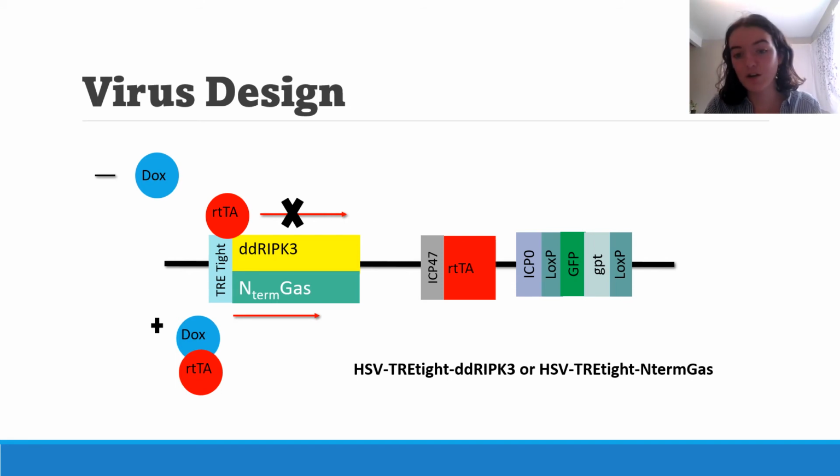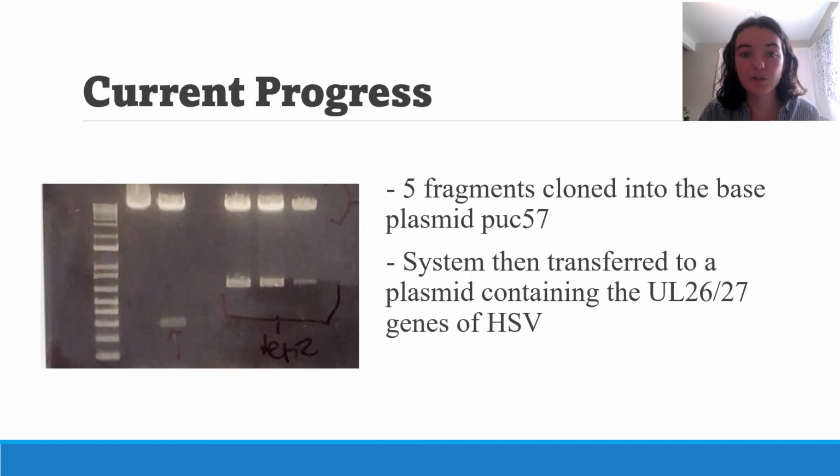There is also a drug resistance marker which will allow only the viruses containing the system to be able to survive after the addition of the drug, allowing for selection of these viruses. So far, a donor plasmid was constructed by restriction enzyme cloning 5 separate fragments that were necessary for the system into pUC57, which is just a very simple base plasmid.